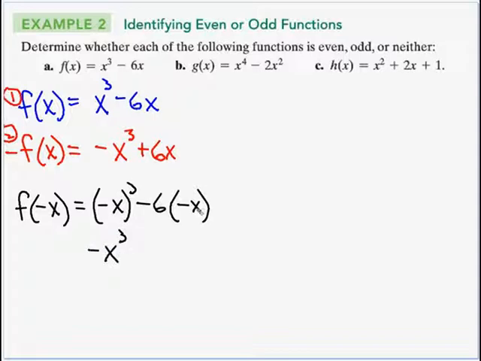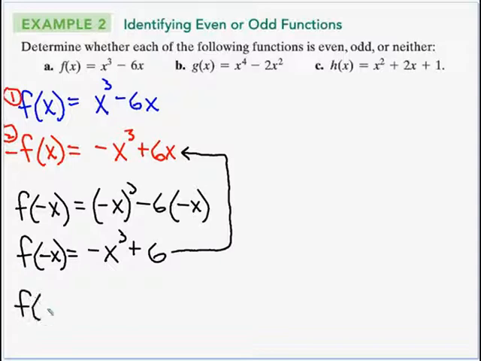And then minus 6 times negative x is plus 6x. So now this is f of negative x. Does this match the original function or the negated original function? Again, option 1 or option 2. Well, if I come back up here, it's equal to this one. So what we just found is f of negative x is equal to negative f of x, which by its definition means odd function.